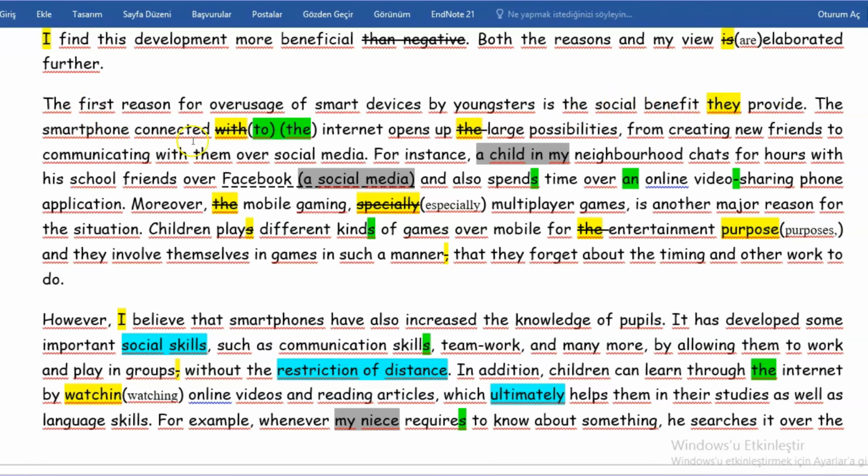The smartphone connected to the internet opens up large possibilities, from creating new friends to communicating with them over social media. For instance, a child in my neighborhood chats for hours with his school friends over Facebook, a kind of social media, and also spends time over an online video sharing phone application.